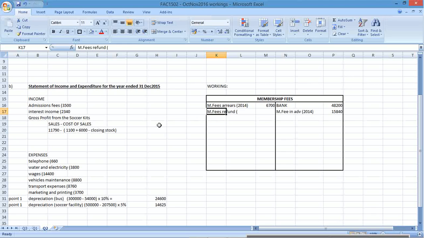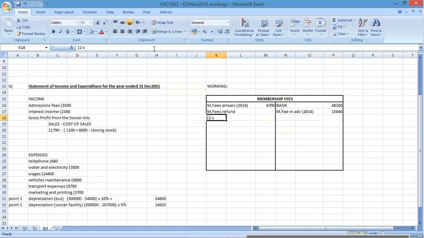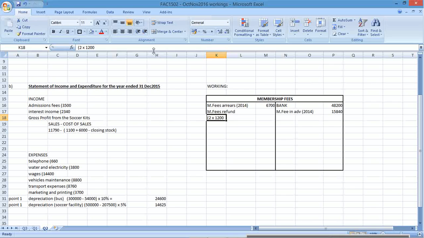So 2 members times how much they pay a year? 1,200. That was for the 2015 year, right? Yes, 2015 year, that's fine. Times 3 over 12 months, that's how much you're refunding. It's a little bit tricky there. Just read and interpret and then get an answer. 600 is what you refund.